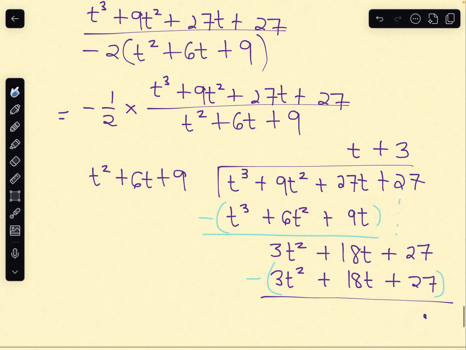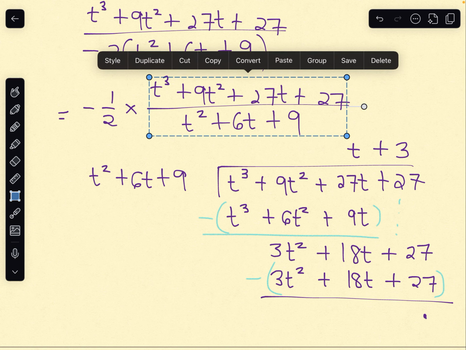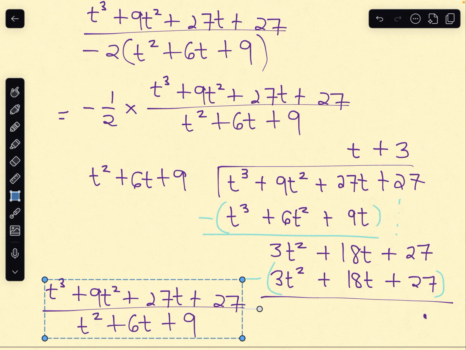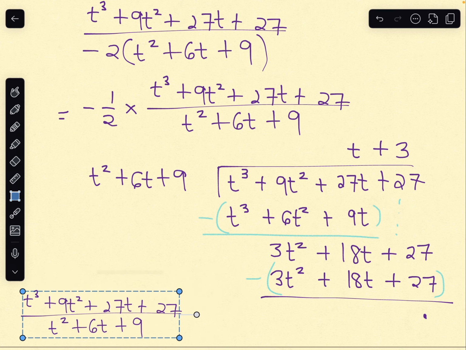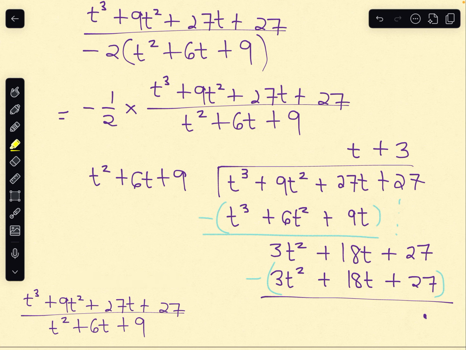Anyway, so this tells us that this quotient, nice English, nice maths, this quotient, which I'm going to shrink, is equal to t plus 3. Another way you can phrase it is this expression is equal to this expression times this expression, right?